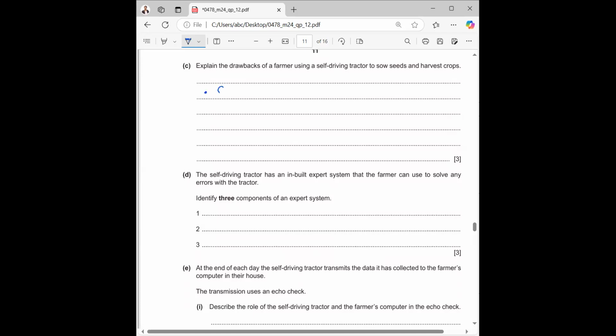So the drawbacks can be that set up cost may be high, maintenance cost may be high, or it can lead to unemployment.